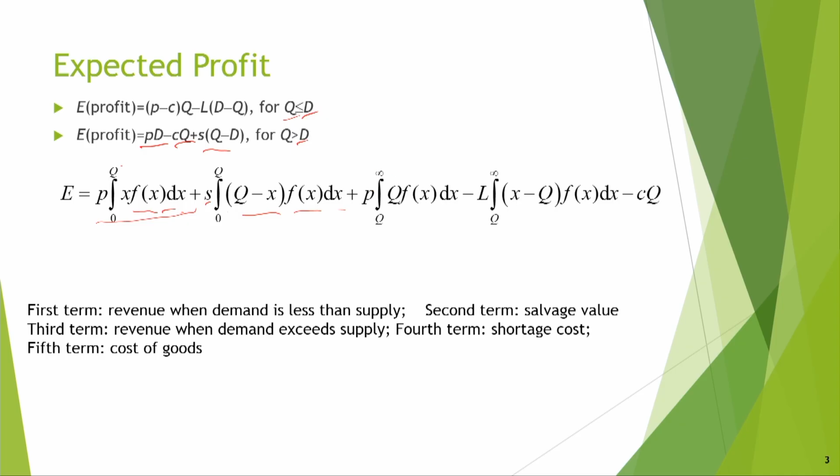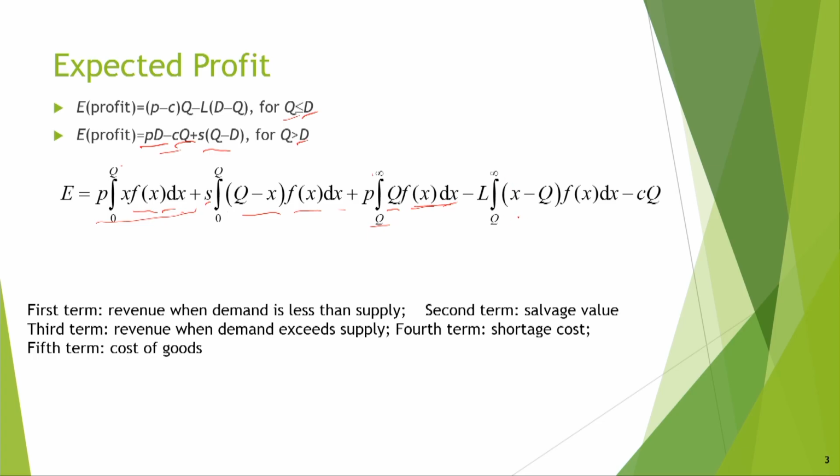Suppose you ordered quantity Q, but demand was something more than that, from Q to infinity. But this will be Q times f(x) dx into P, minus L times the integral from Q to infinity. L is the lost cost, because you could not give the full quantity.